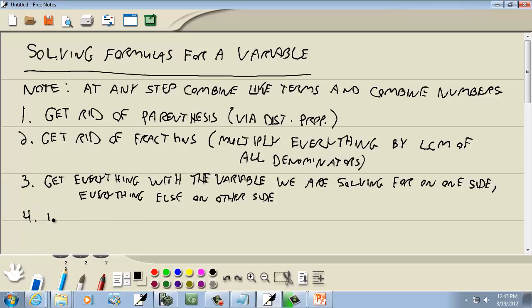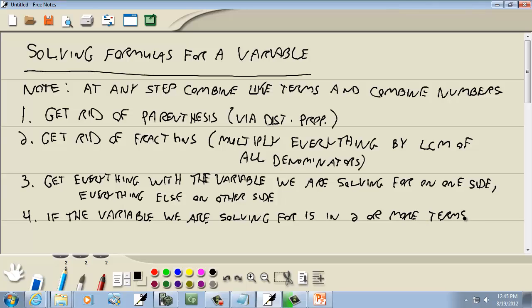Step 4, if the variable we're solving for is in 2 or more terms, factor it out.